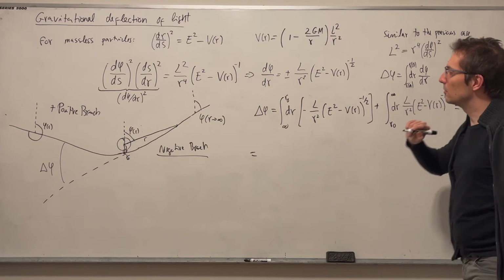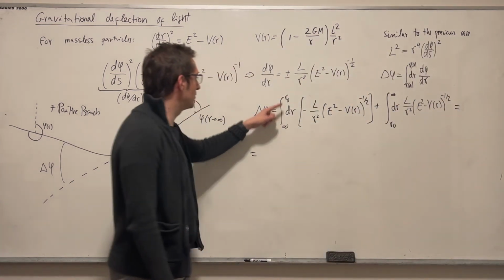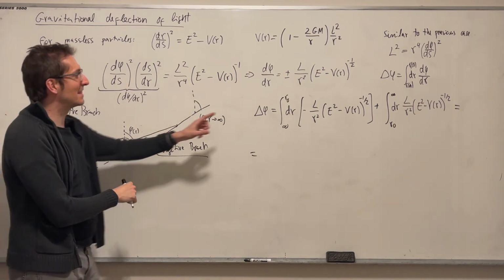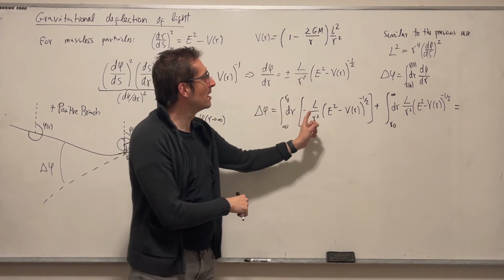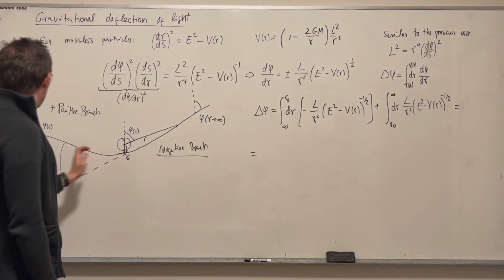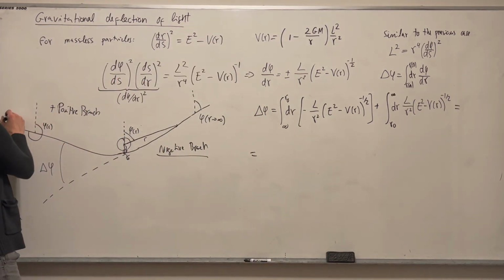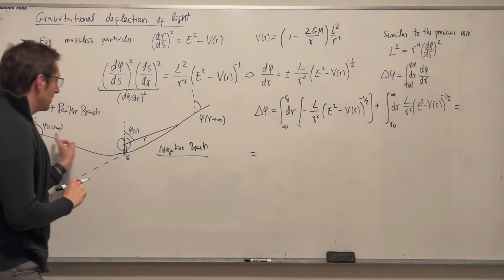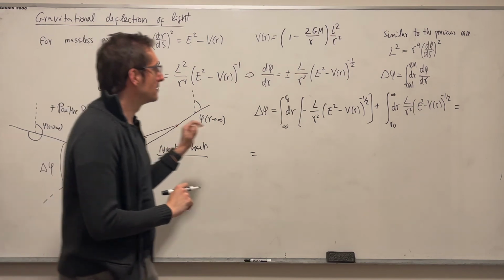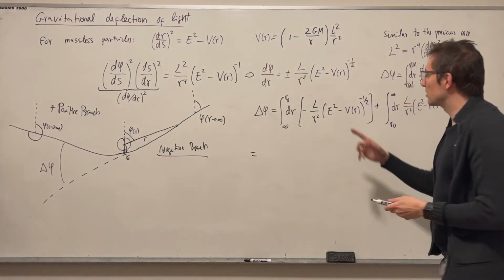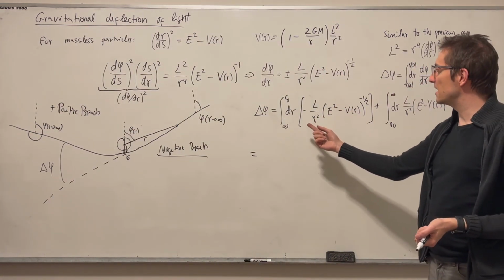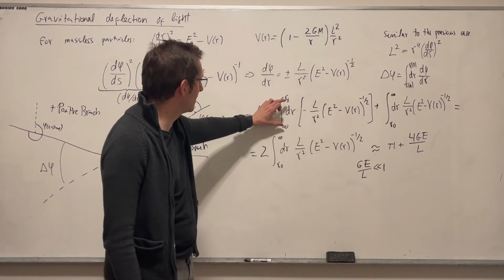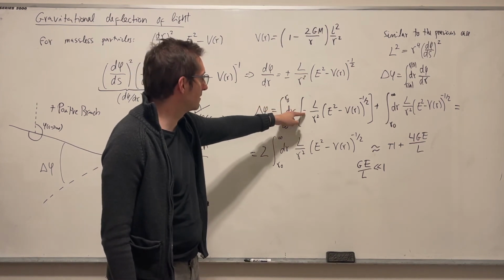So what we have here is from infinity to r0, from the point at r infinity to the point of maximum approach, following the negative branch of the derivative, plus from r0 to infinity again, following the positive branch. Okay, so we have these two integrals, and these two integrals that have opposite sign can be rewritten as twice one integral, by switching the integration limits and getting a minus sign.